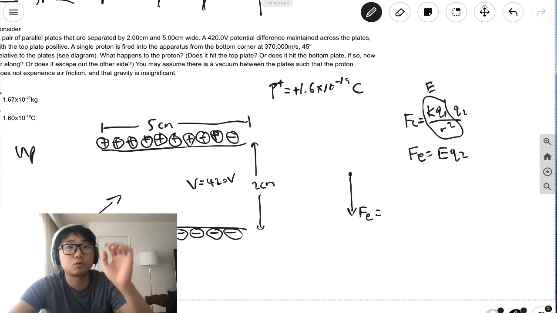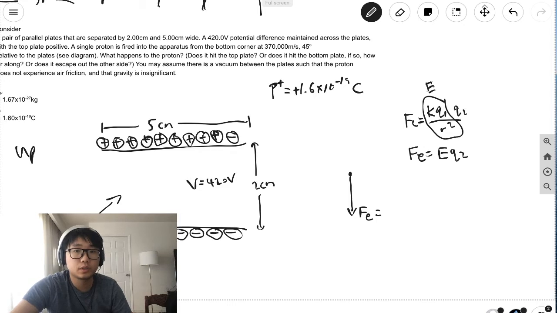There's an equation that relates the voltage, the distance between the plates, I believe it should actually be the area of the plates, and also the electric field. So what is that equation?